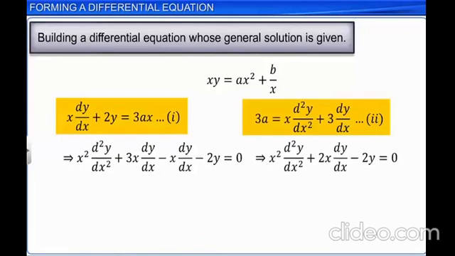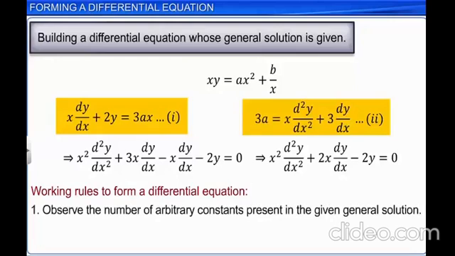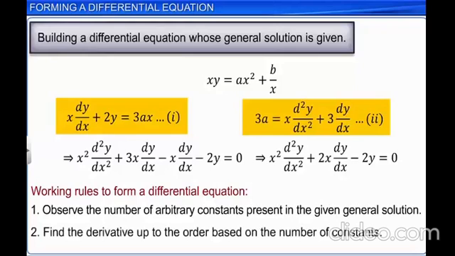Based on this discussion, we can devise some rules to form a differential equation. First, observe the number of arbitrary constants present in the given general solution. Then, find the derivative up to the order based on the number of constants.